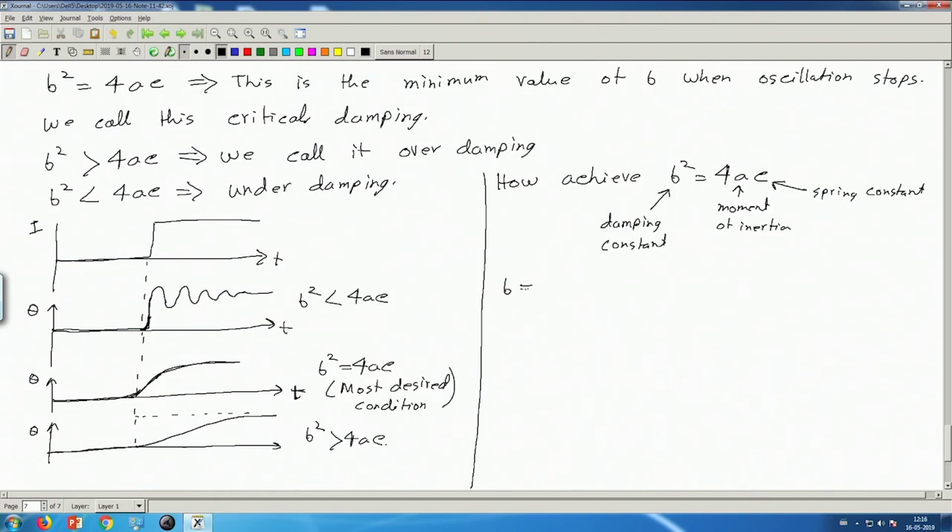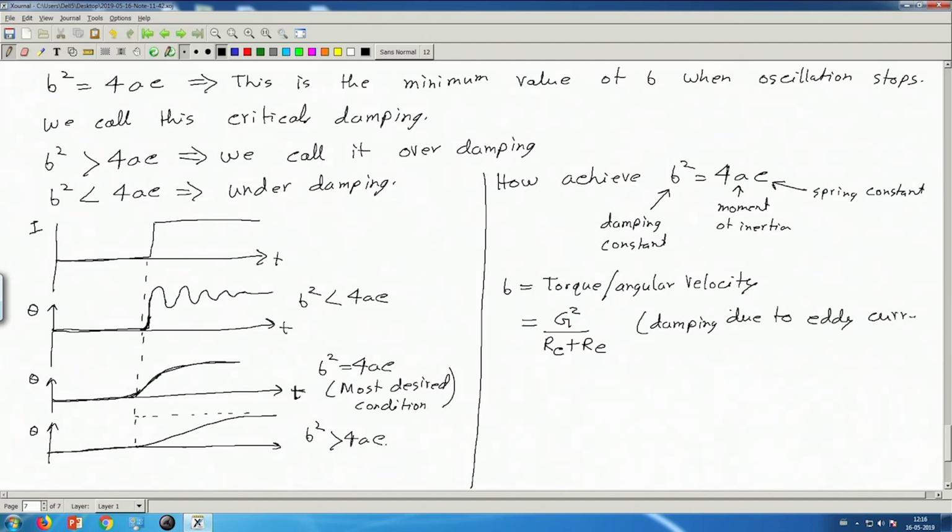B is given by the torque per unit velocity, and for a PMMC instrument we have seen this is equal to G square by the total resistance of the coil and external circuit, if we are considering damping due to eddy current in the coil, where G is basically BAN whole square.